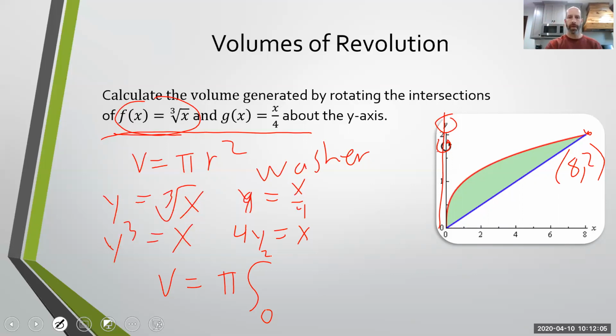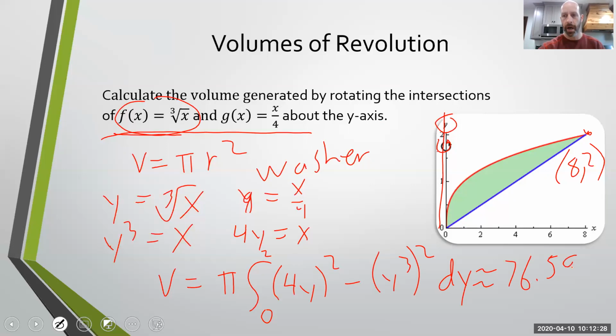So the right function is this 4y, so we're going to do (4y) squared minus the left function, which is (y cubed) squared, and we're doing this with respect to y. The answer here, once we compute, is 76.595. So that's our approximate answer to 3 decimal places.